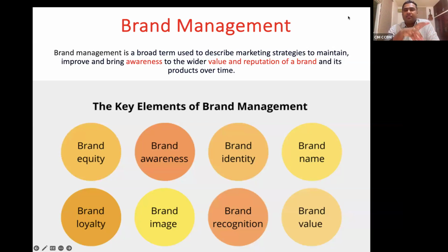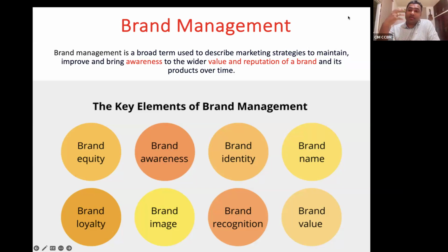But branding is very critical for you to understand end to end how to manage a brand. So brand management is a broad term used to describe marketing strategies to maintain, improve, and bring awareness to the wider value and reputation of a brand.